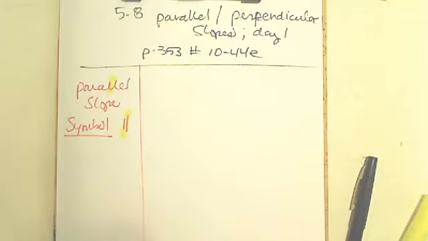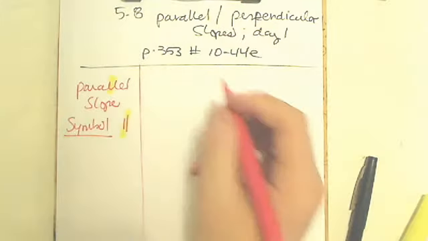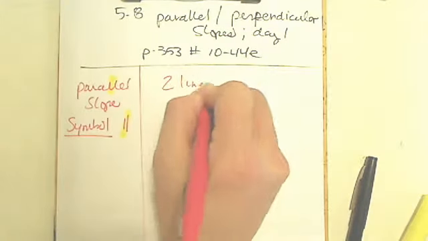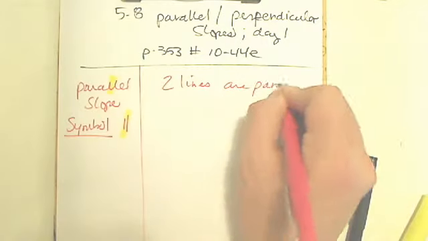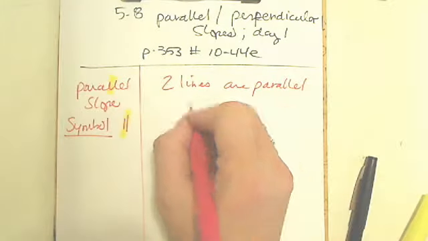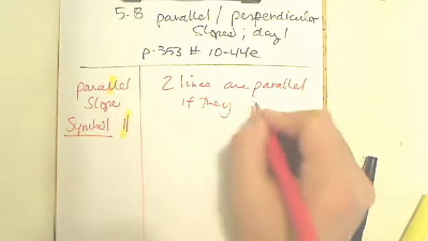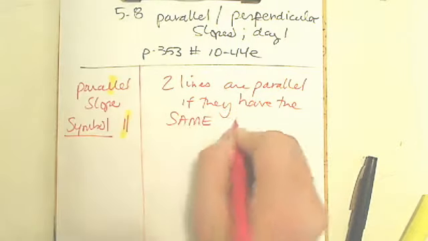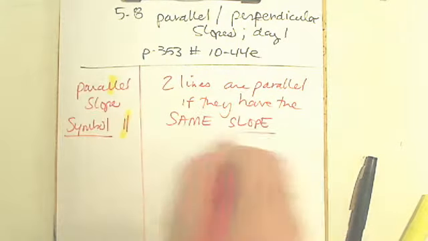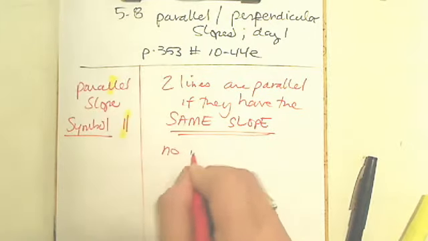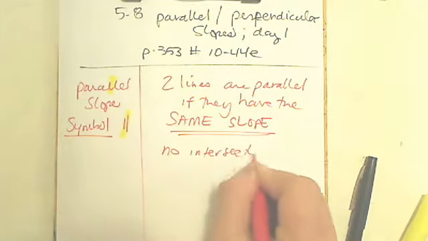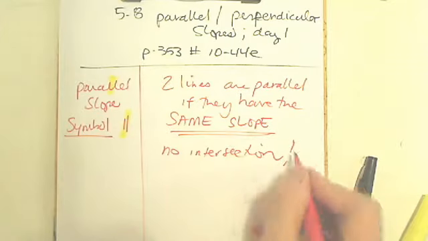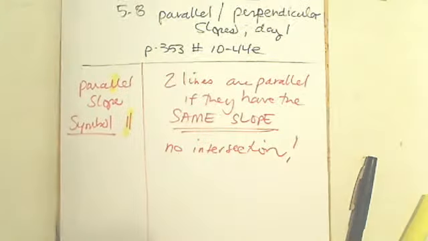Now, more specifically, two lines are parallel if and only if they have the same slope. There's no intersection. They must have the same slope.